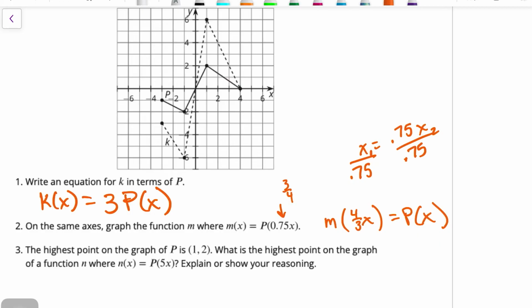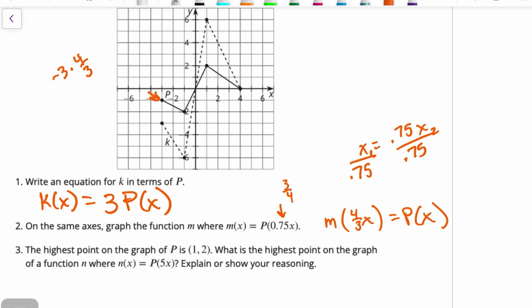Okay, so basically your y value doesn't change, but the x value increases by a factor of 4/3, right? And so if we look at, let's say this point, that's -3 times 4/3.